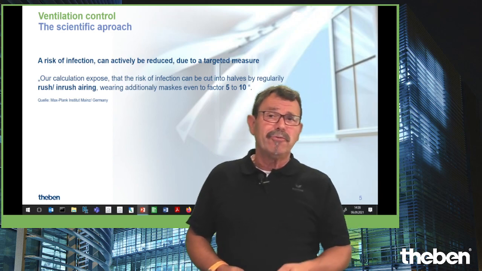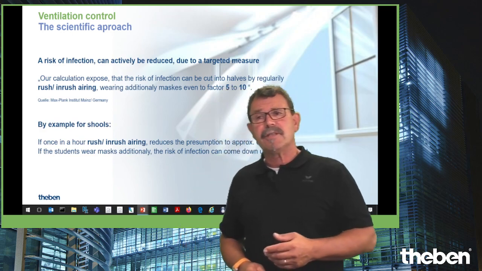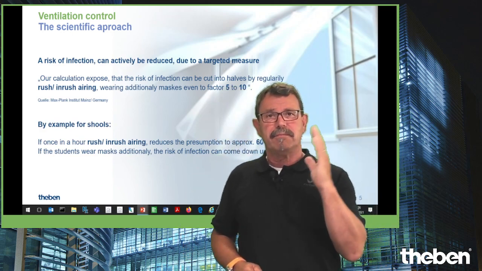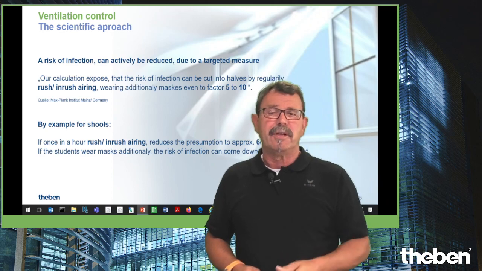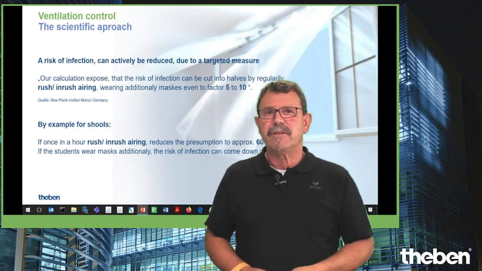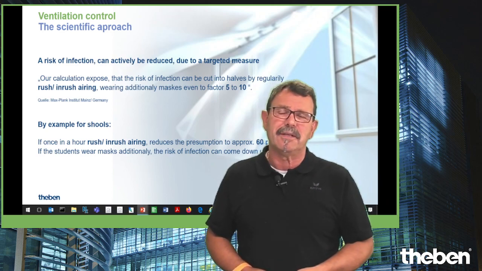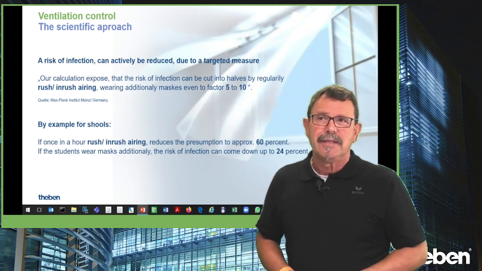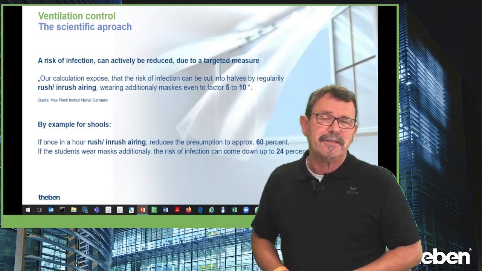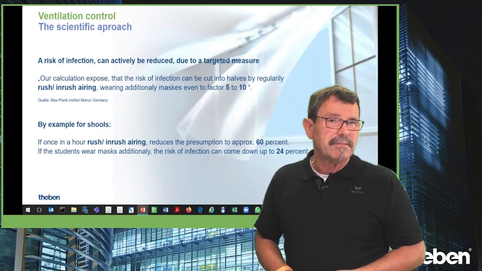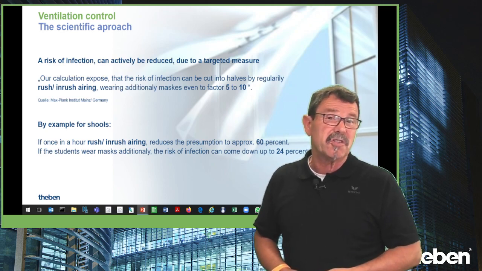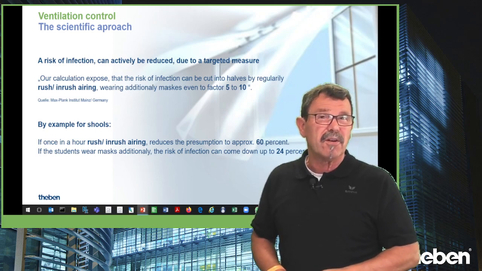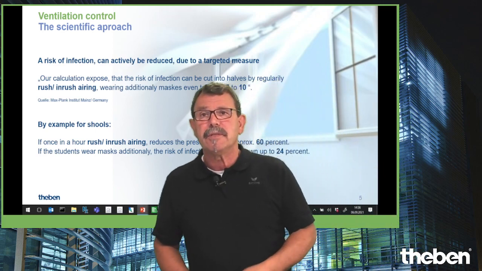But be reminded, if just a window is tilted for the natural airing, it is not that efficient, which is confirmed. Just in-rush airing can bring these values down to approximately 60%, which is rather good, without any technique, but you have to take care of it.